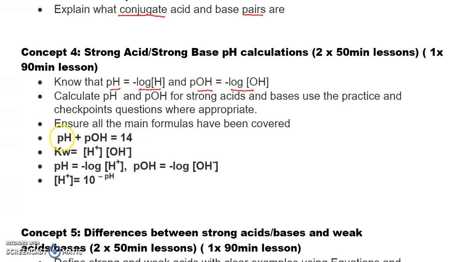Further down, you'll see there are some important formulas. pH plus pOH equals 14. Kw is the product of the hydrogen and hydroxide ion concentrations. pH and pOH we just discussed above. And how to get your hydrogen ion concentration if you know your pH value, and similarly, how to get your hydroxide ion concentration from the pOH.